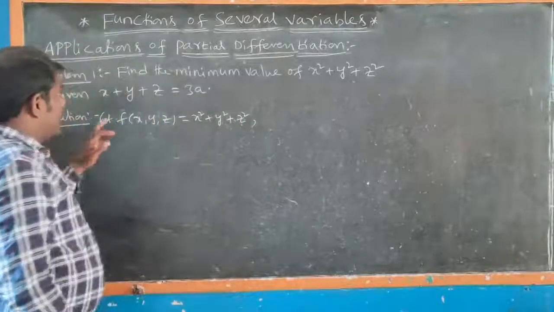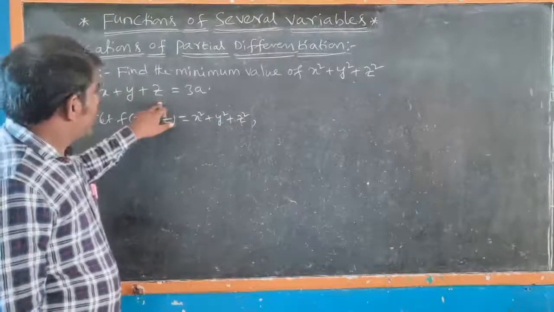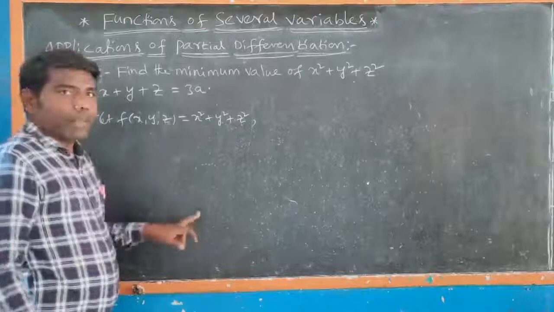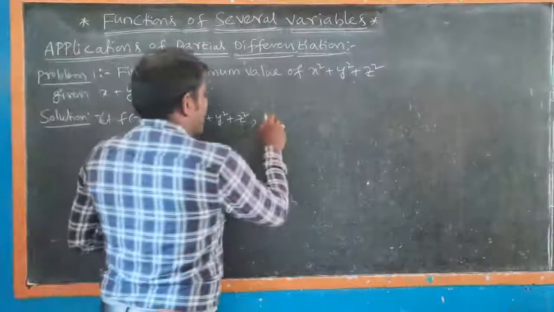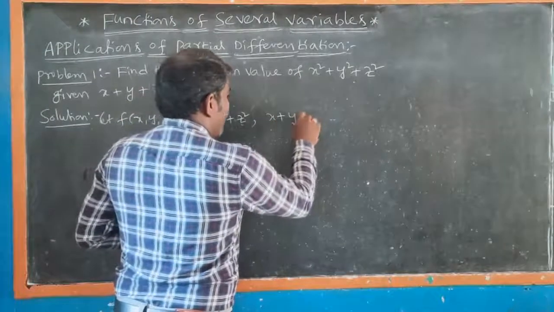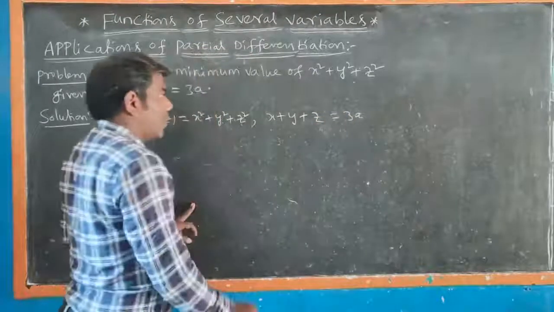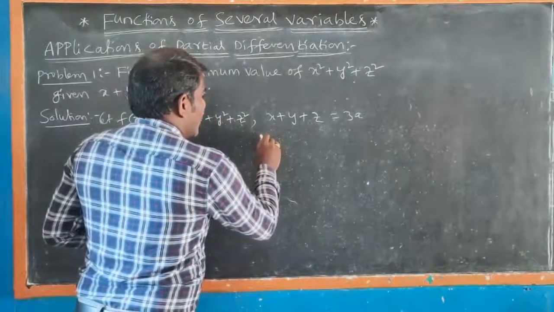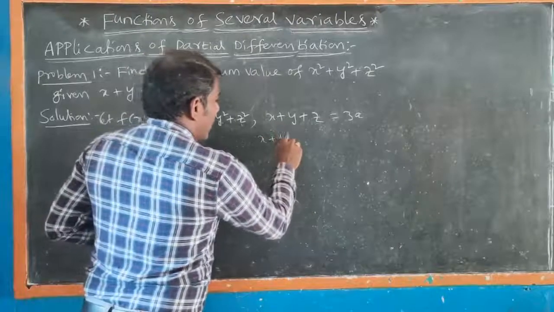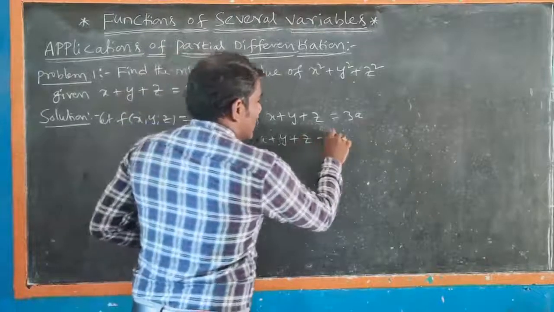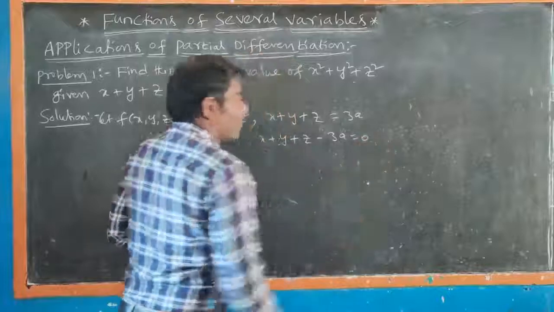This is the constraint: x plus y plus z is equal to 3. So x plus y plus z minus 3 is equal to 0.